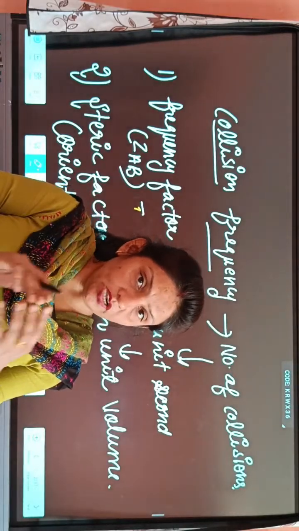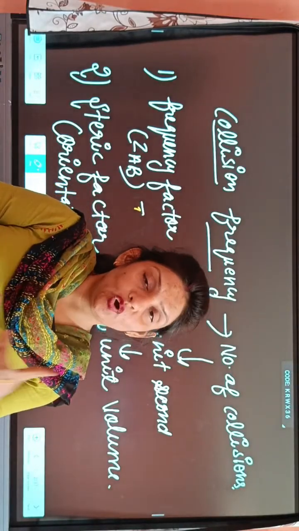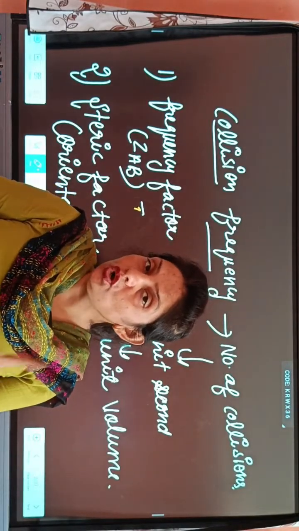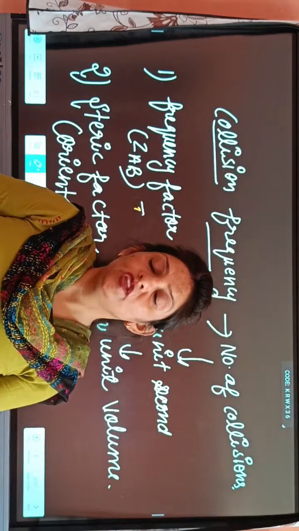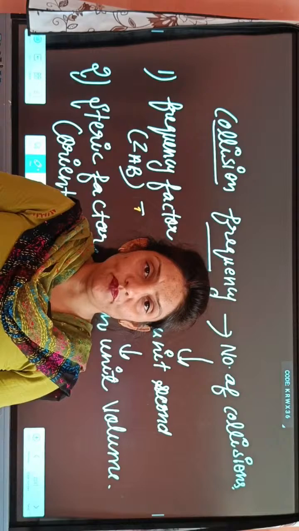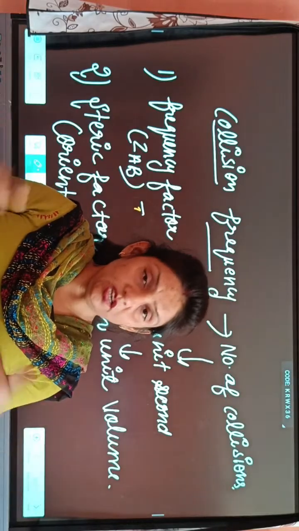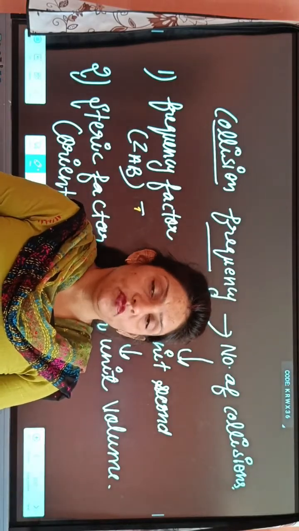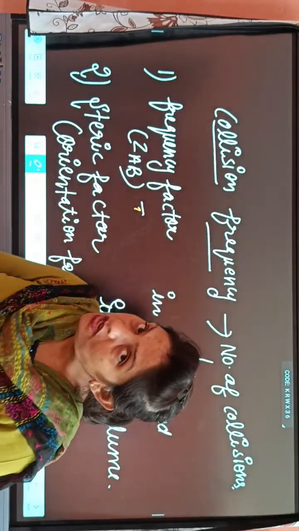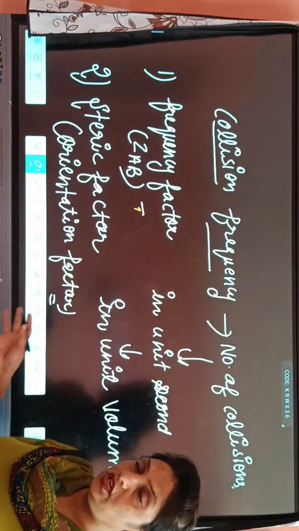You can understand this theory in one point. If atoms and molecules collide with one another with a sufficient amount of energy and in the proper orientation only, then they will form the product, otherwise not. Clear? You have already seen the example here.